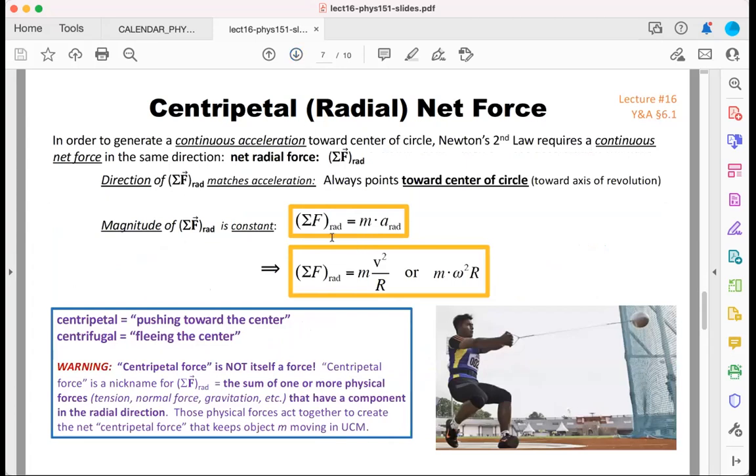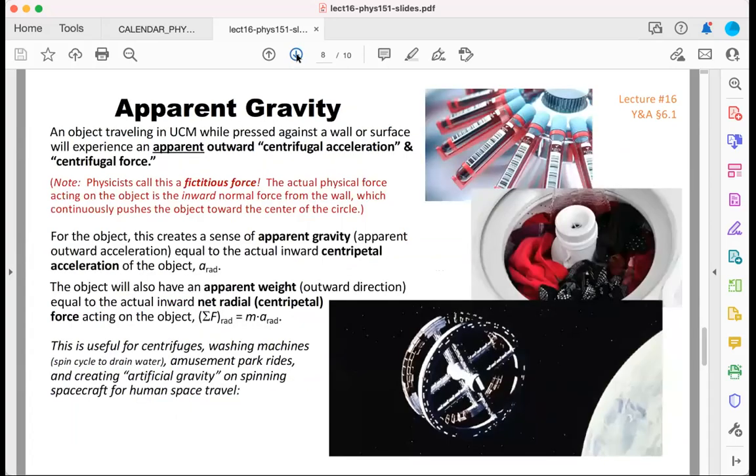Okay, this is just repeating what the centripetal force is, which is the mass times the centripetal acceleration. Because the centripetal acceleration was v squared divided by r, it is m v squared divided by r, or m omega squared r. Then we spoke about apparent gravity, like when you have a centrifugal acceleration and centrifugal force, it really makes an apparent gravity, an apparent weight of the object that is there.